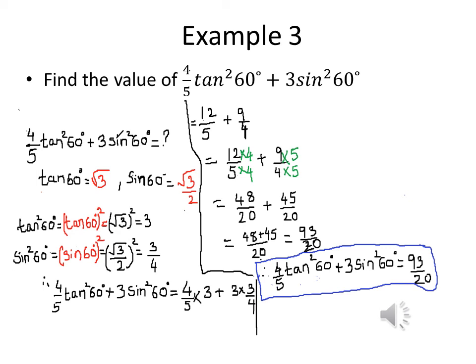So I multiply the first fraction by 4 in the numerator as well as the denominator, while I multiply the second fraction by 5 in the numerator as well as the denominator. So we get 48 upon 20 plus 45 upon 20, which is 93 upon 20. So the final answer is 4 upon 5 tan square 60 plus 3 sine square 60 equal to 93 upon 20.